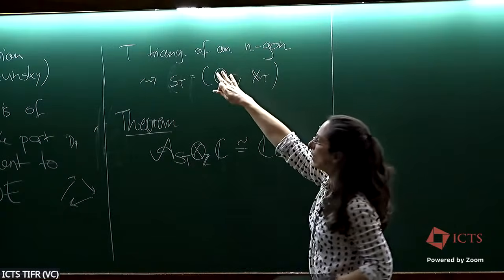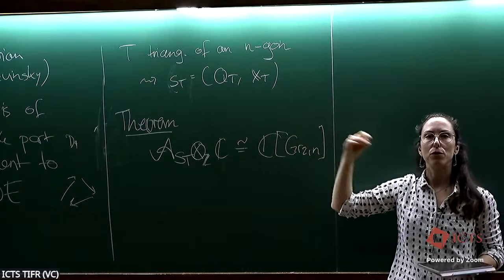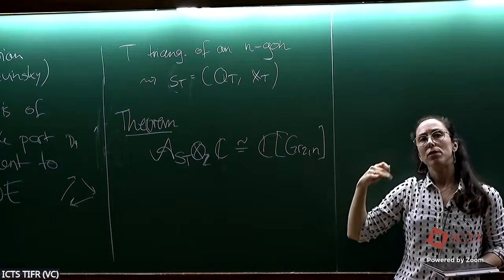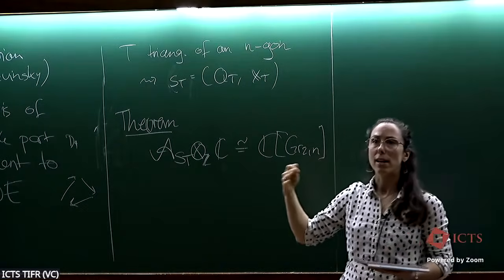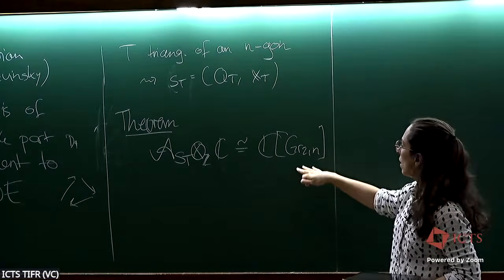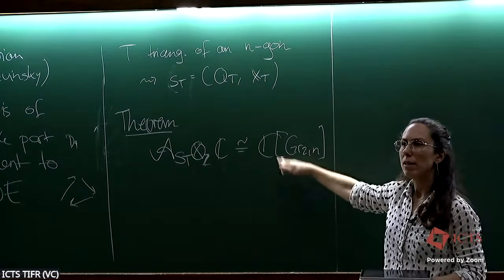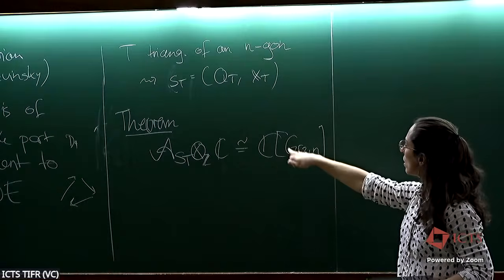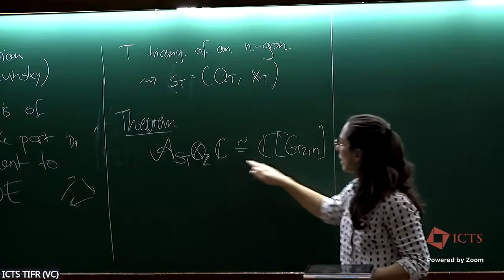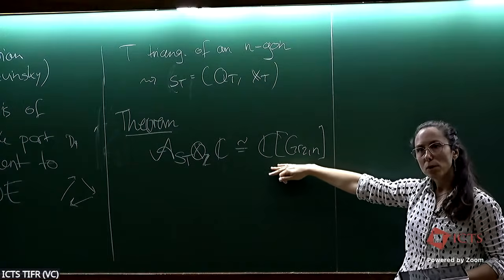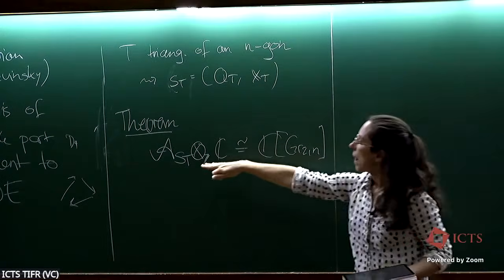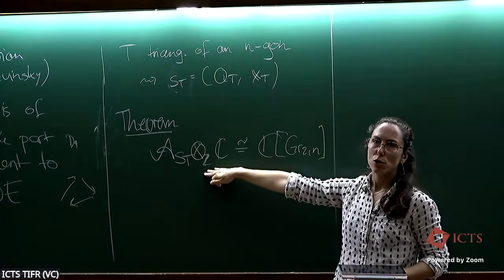So we looked at triangulations from the point of view of 2 by n matrices, but if these 2 by n matrices satisfy the full rank condition, that their rank is 2, then they represent elements of the Grassmannian. So this is the step from the matrices to the Grassmannian. And we get an isomorphism of the homogeneous coordinate ring of the Grassmannian in its Plücker embedding, or the Plücker algebra, and this cluster algebra associated to a triangulation.